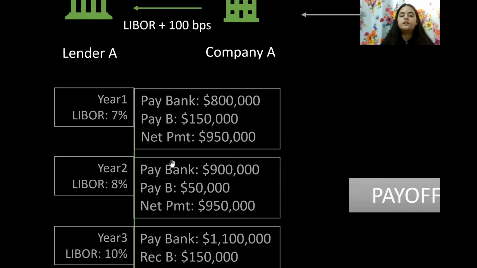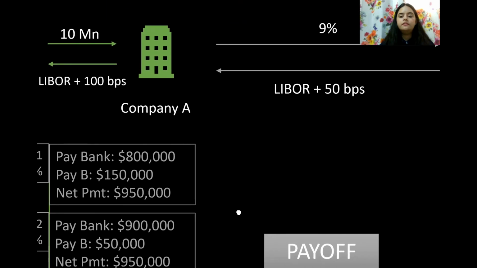In year two, the interest rates have increased further. It has gone up to 8%. The LIBOR is 8%. Company A pays the bank 8 plus 1, which is $900,000. And here 8 plus 50 bips is 8.5%, and 9%.